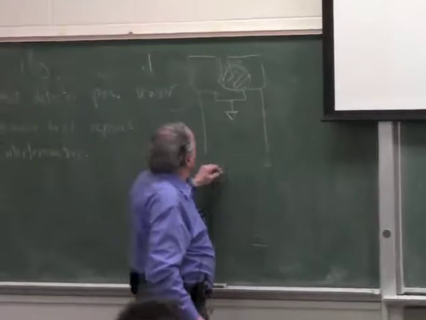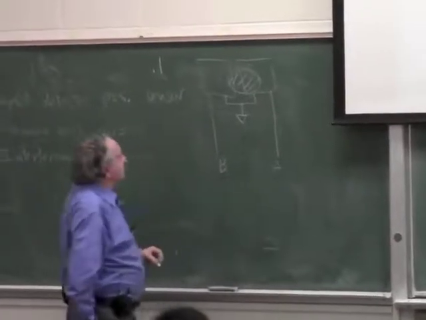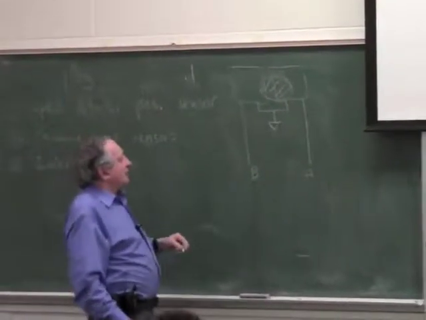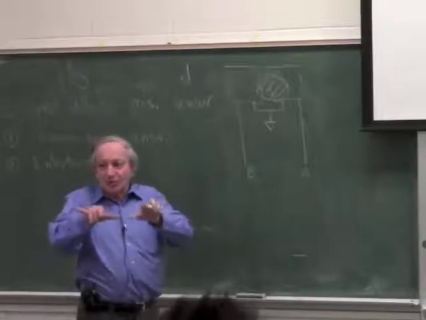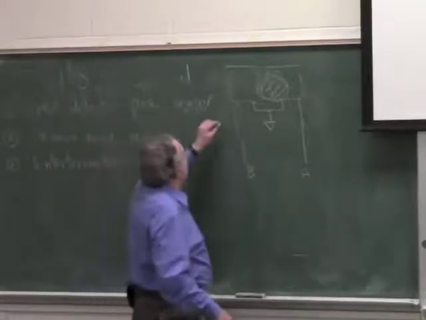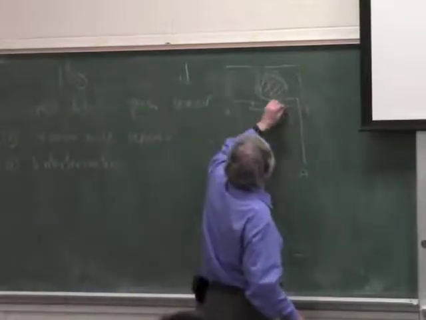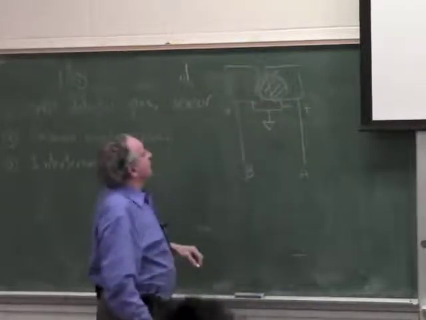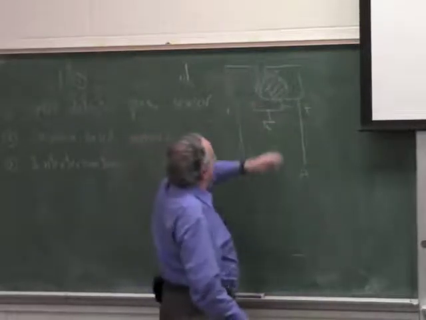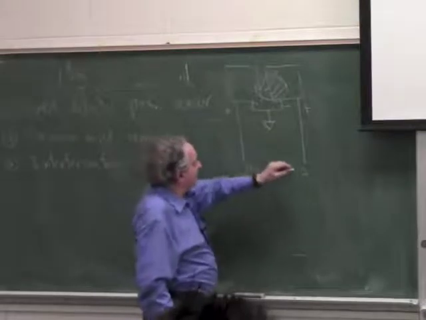We'll call this A and this B, just like we did on the LVDT. The polarity is such that they oppose each other, exactly like LVDT. So if the light spot is exactly centered, what will be A minus B?